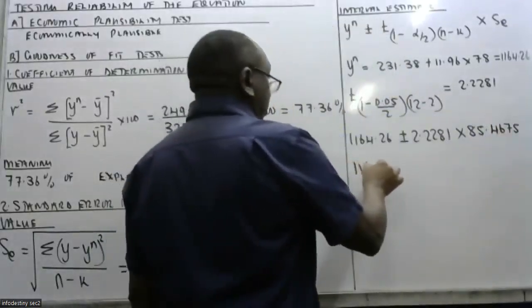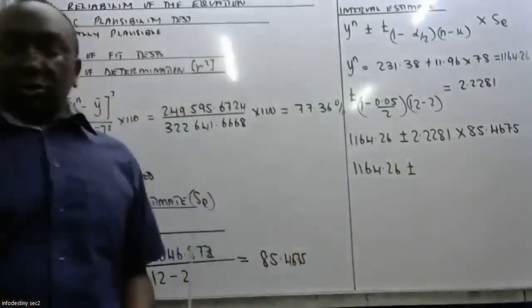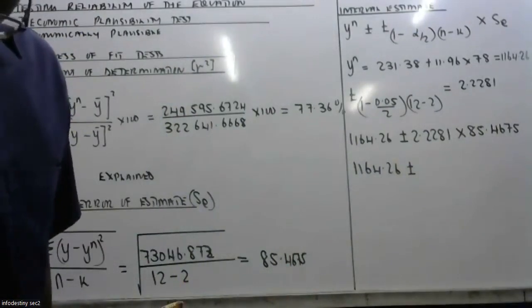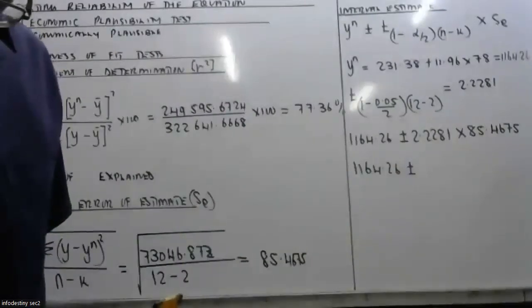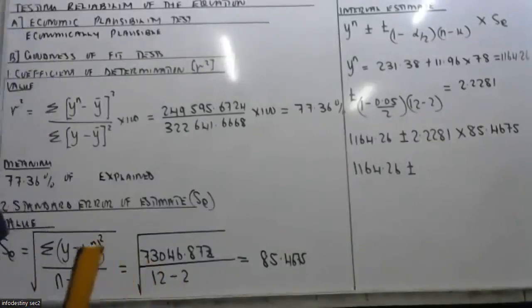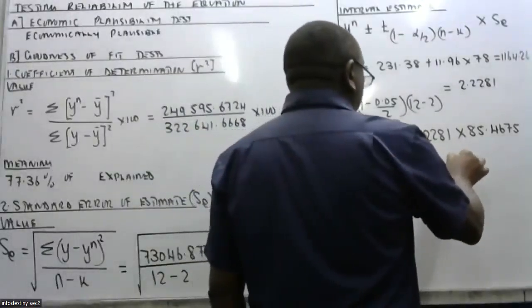So 1164.26 plus or minus, give me that answer to 2 decimals. 190.43.